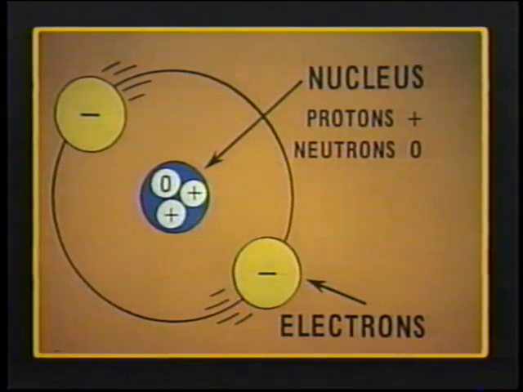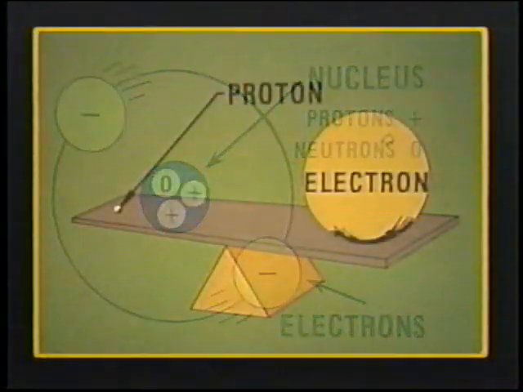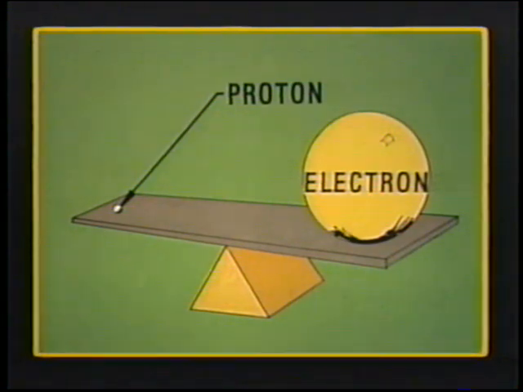The centrifugal force of the spinning electrons exactly balances their force of attraction for the nucleus. The protons and neutrons provide the weight and the positive charge of the atom, and the negative charges of the electrons exactly balance this positive charge.